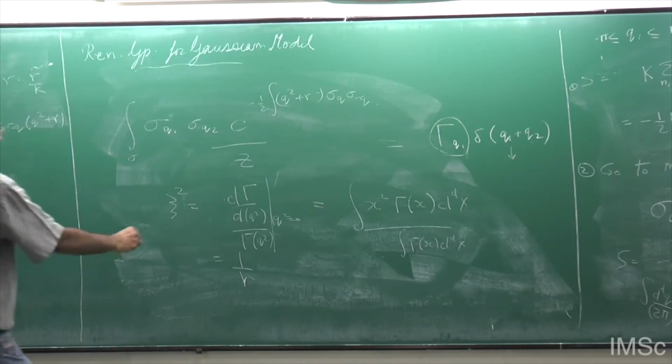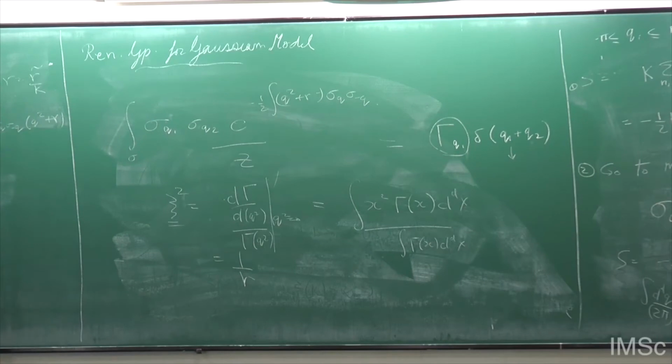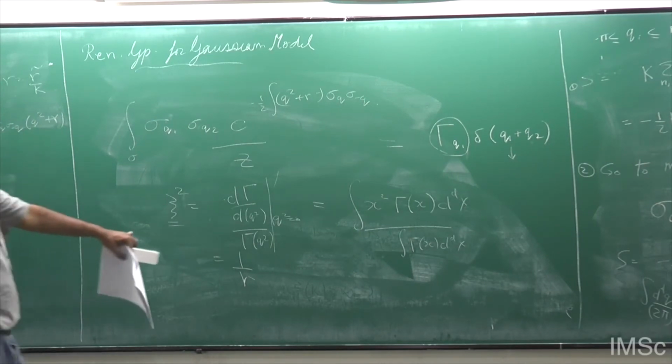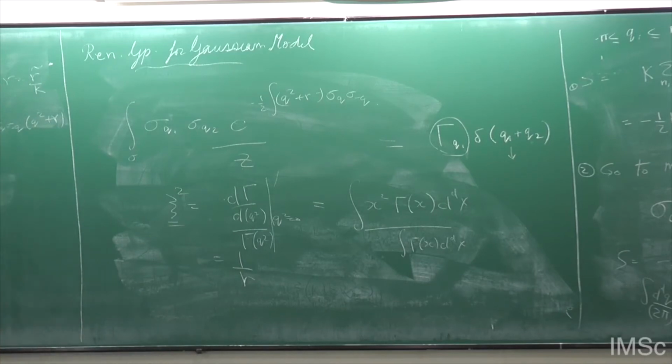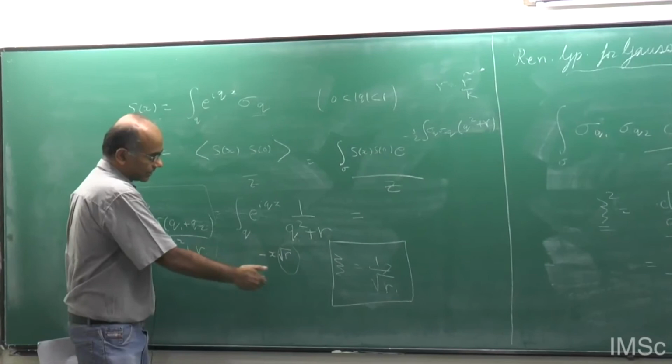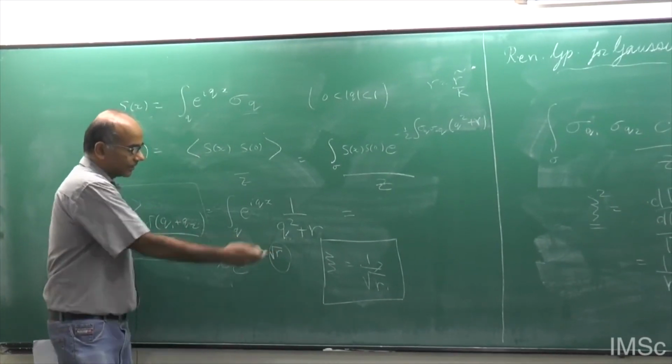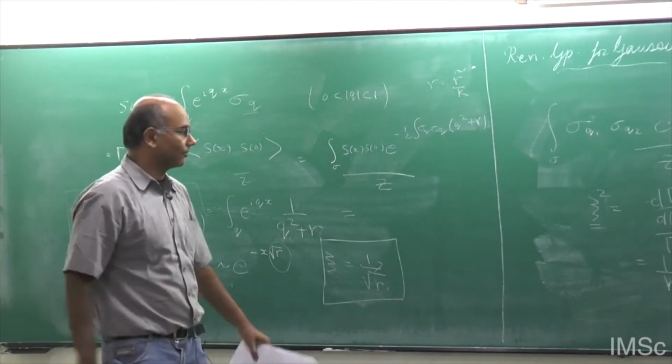So that's the intuitive meaning of the correlation length. There are various ways of defining this, but probably the simplest way to think of it is just as the rate at which the exponential falls off.